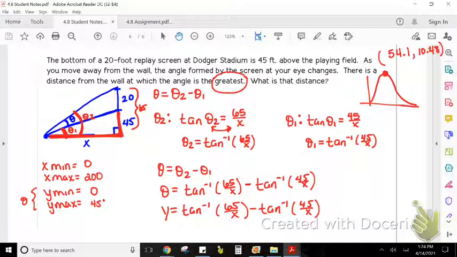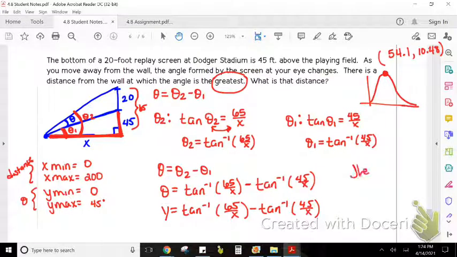Yeah? Okay. So now remember, another reason I like doing that window was I didn't label it, but we said the x was the distance from the screen, and y was our angle. So the question is, what is the distance that's going to give me that greatest angle? Well, the distance is my x or my y? It's the x. So the distance is that 54.1.